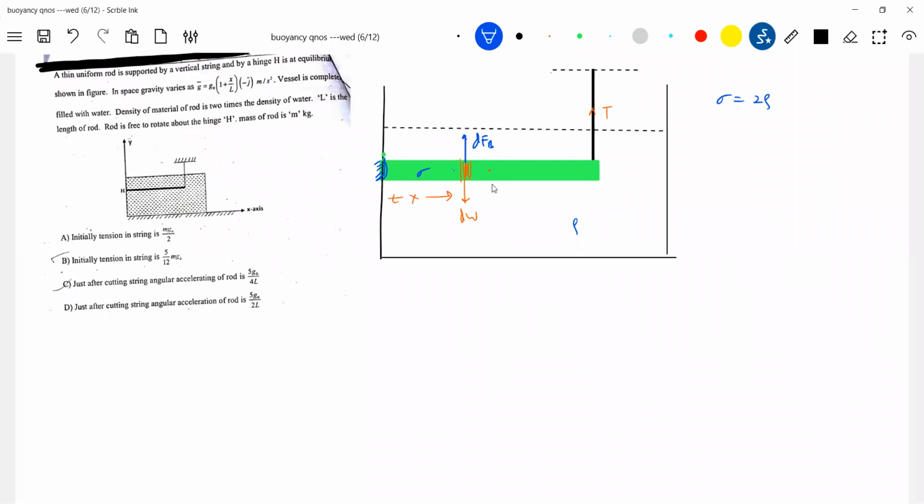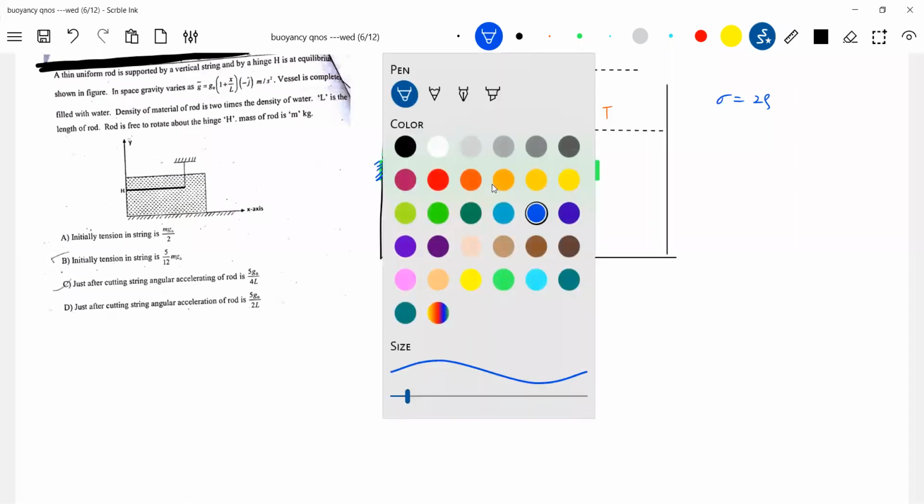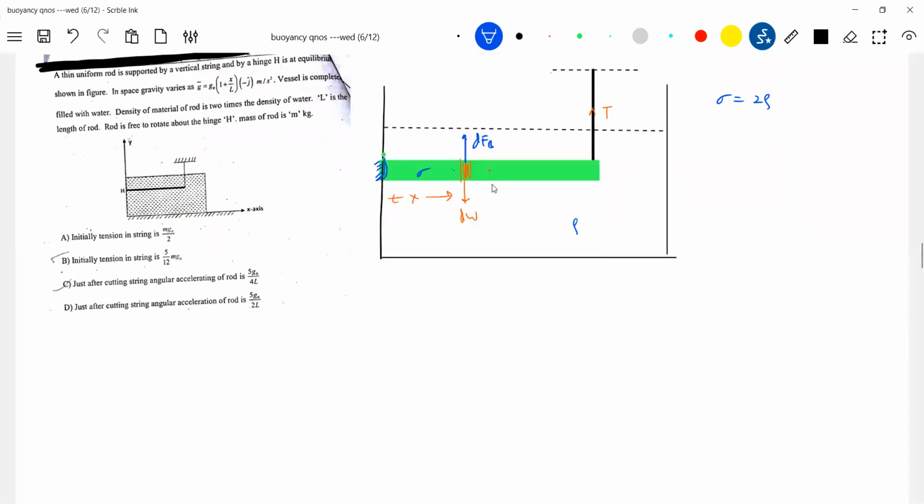The resultant should be dF downward. So what is dF? The net force should be equal to dF minus dFb. dF is sigma into dm into g.